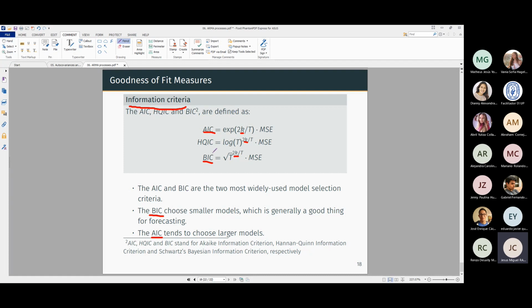Between these, the most widely used are the Akaike and the Bayesian, okay? This Bayesian information criteria is also called the Schwartz Bayesian information criteria.